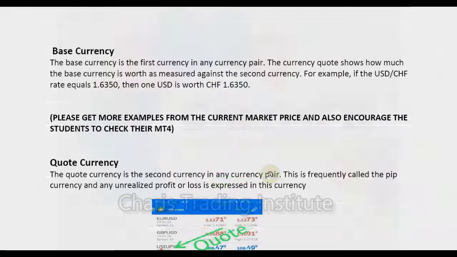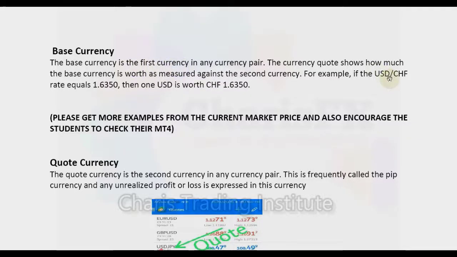Okay, so we are looking at base currency and quote currency. So what is a base currency? A base currency is actually the first currency in any currency pair. Remember that I mentioned currencies only exist when they are paired together for transactions to be smooth and suitable. So the first currency of a currency pair is called the base currency.